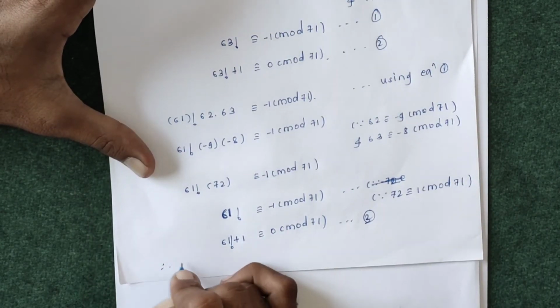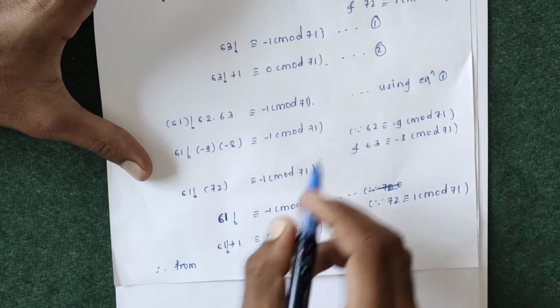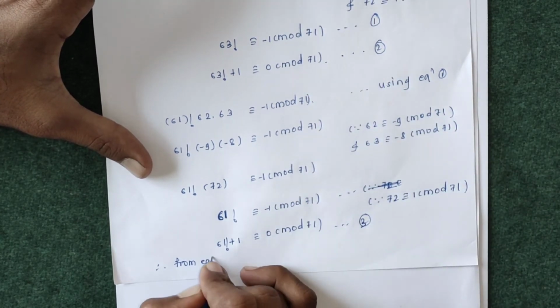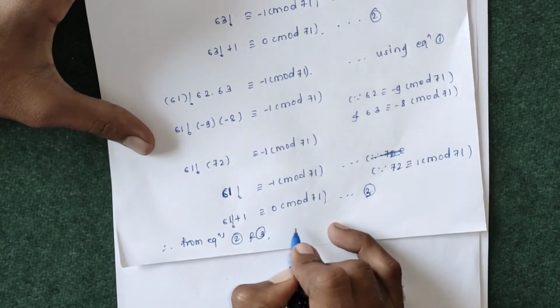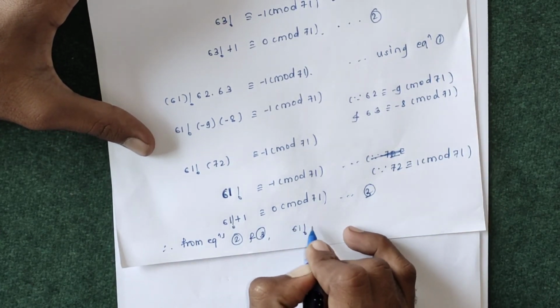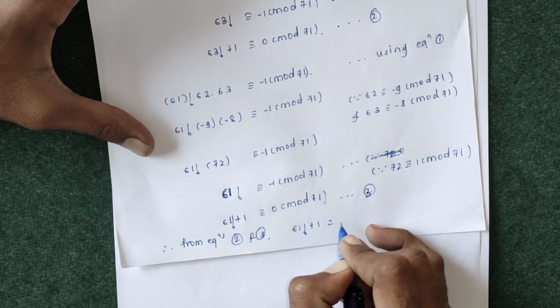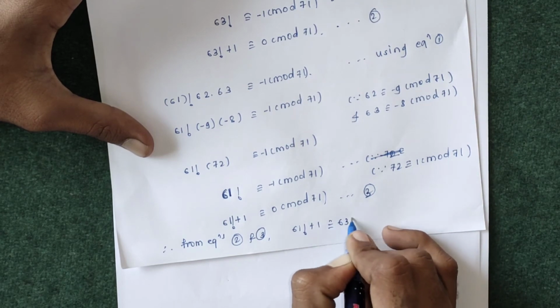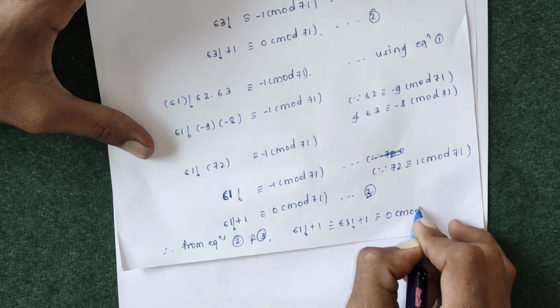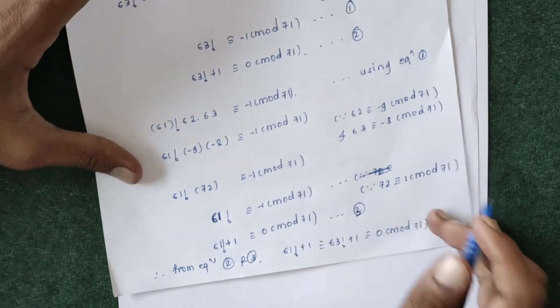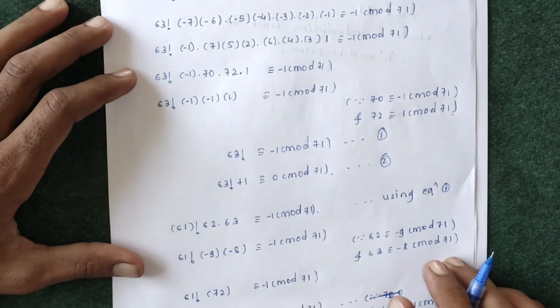Therefore, from equations 2 and 3 we can write 61 factorial plus 1, which is congruent to 63 factorial plus 1, which is congruent to 0 modulo 71. Hence a solution of this example.